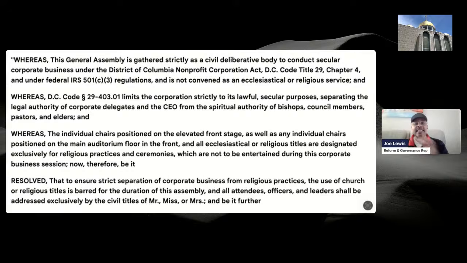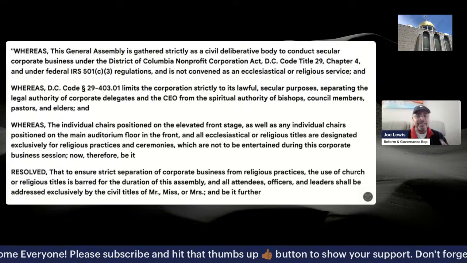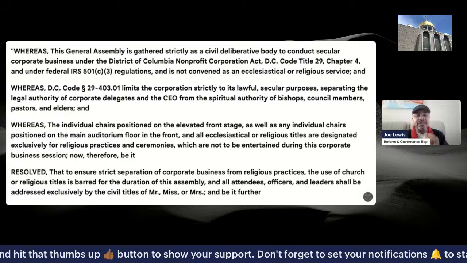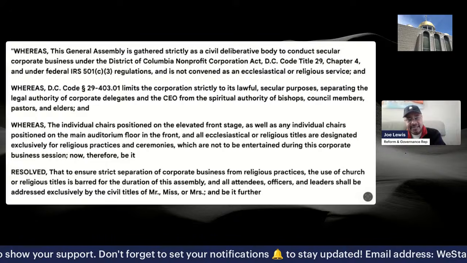Now, therefore, be it resolved that to ensure strict separation of corporate business from religious practices, the use of church or religious titles is barred for the duration of this assembly, and all attendees, officers, and leaders shall be addressed exclusively by the civil titles of Mr., Miss, or Mrs.